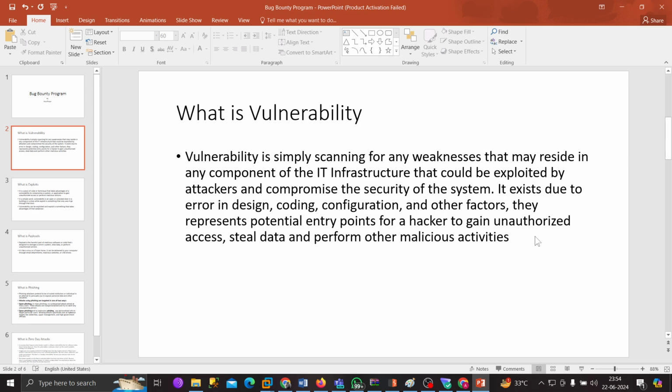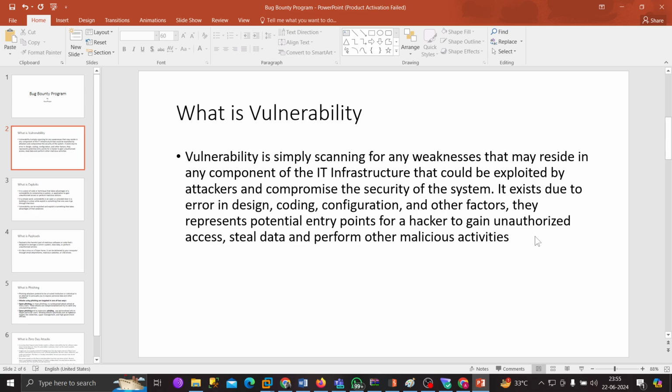What do you mean by vulnerability? When we talk about vulnerability, it simply means scanning for any weakness that resides in the system or a component of any IT infrastructure or computer, right? And that could be exploited by attackers, or that can compromise the security systems. Why does it often exist?